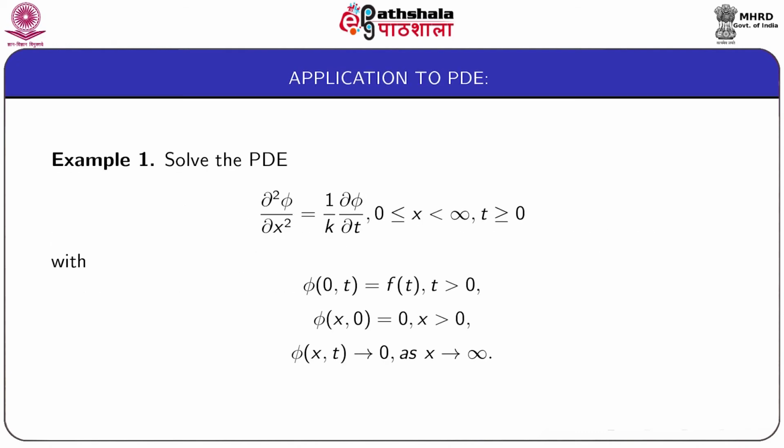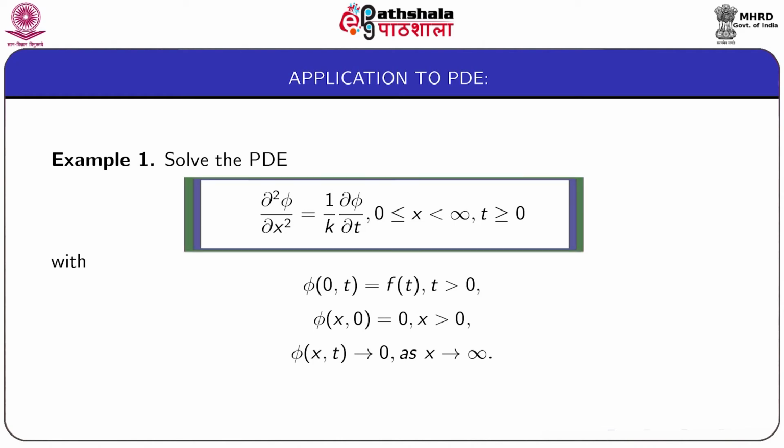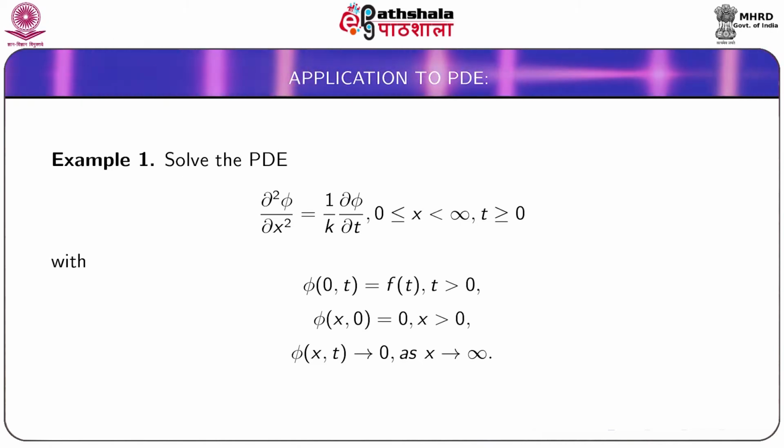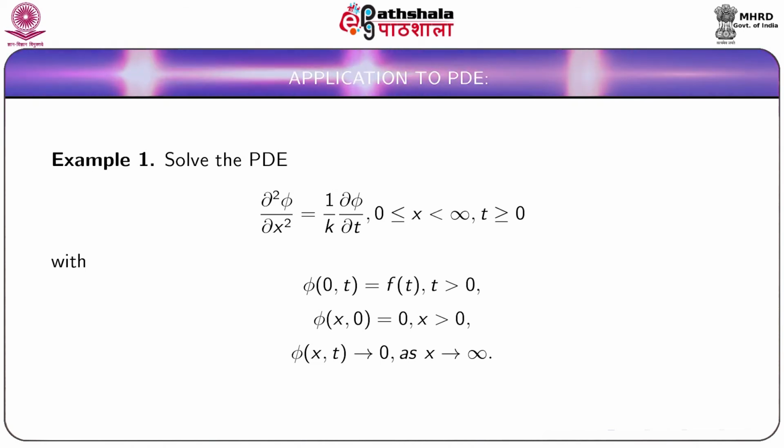In example 1, we will solve the partial differential equation involving the heat conduction equation, that is ∂²φ/∂x² = (1/k) ∂φ/∂t, where x lies in the interval 0 to infinity and t ≥ 0.